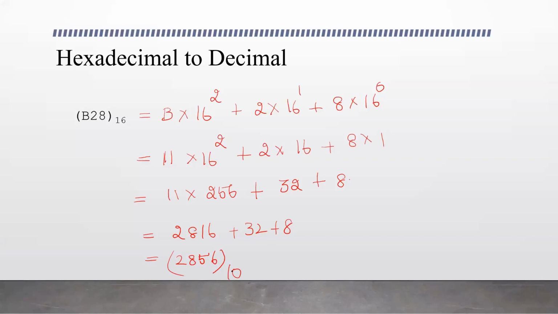So the decimal equivalent of hexadecimal B28 is 2856.